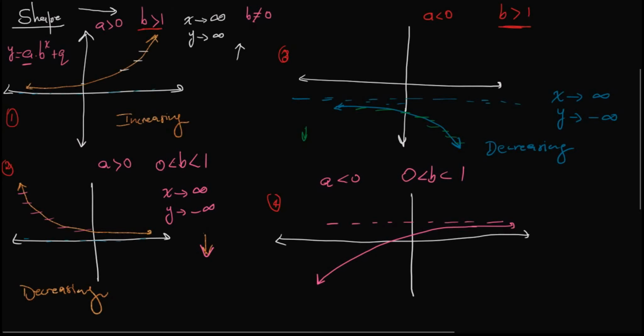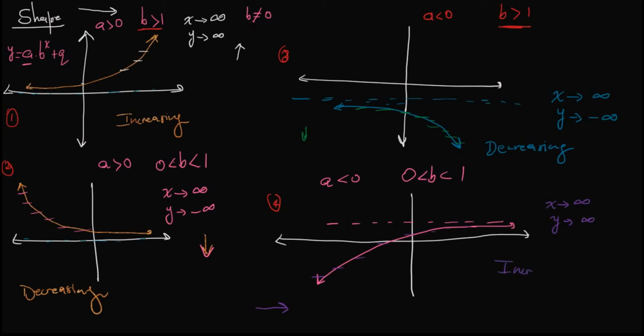Is it decreasing or increasing? Since we read the graph from left to right, the y values keep on increasing, and they approach positive infinity. So we can say, as x approaches positive infinity, y approaches positive infinity. So this is an increasing function.